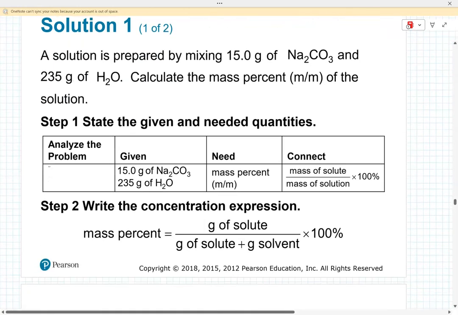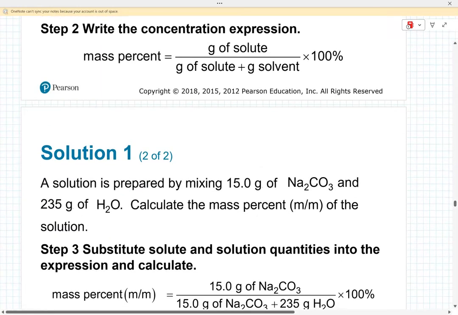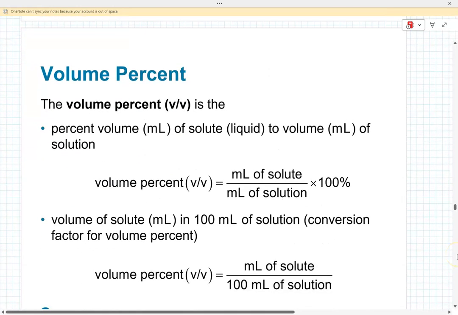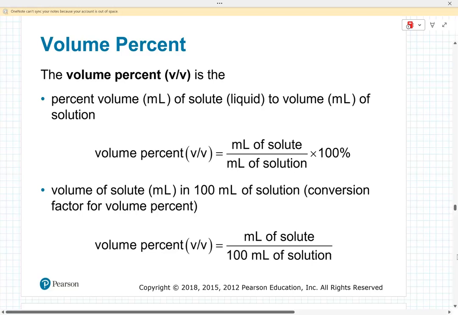Okay, volume percent. So, same approach, but with different units. Usually, volume percent is used for liquids. Does that make sense?